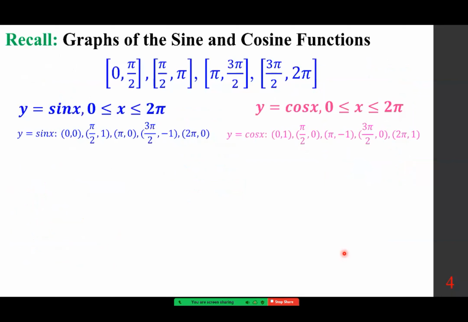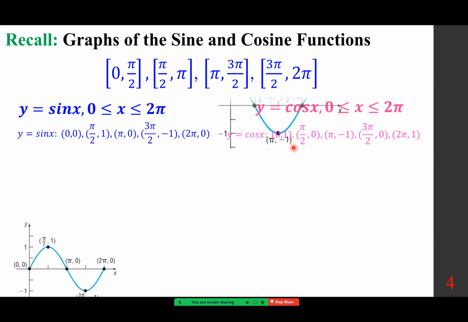Then we looked at the graph of sine and cosine, and first and foremost, we looked at a complete cycle, which is from 0 to 2 pi, simply because the period is 2 pi. And there are different methods. One method was to cut them into 5 key points, 4 arcs, and therefore 2 pi is cut into 4 sub-intervals. 0 to pi over 2, pi over 2 to pi, pi to 3 pi over 2, and 3 pi over 2 to 2 pi.